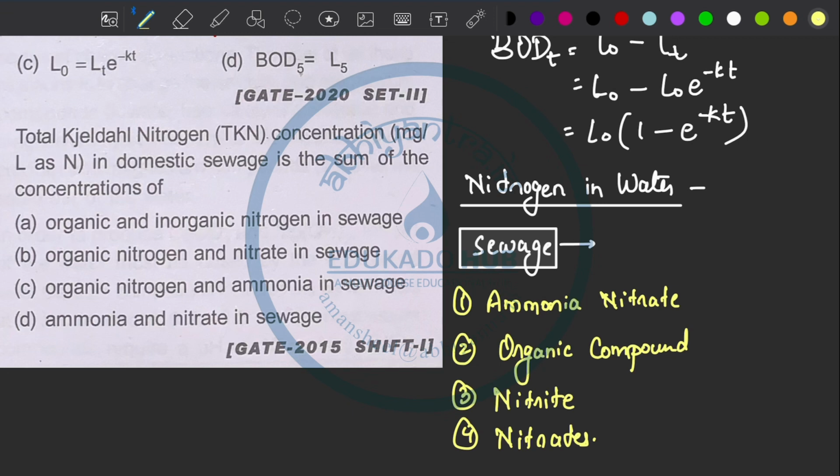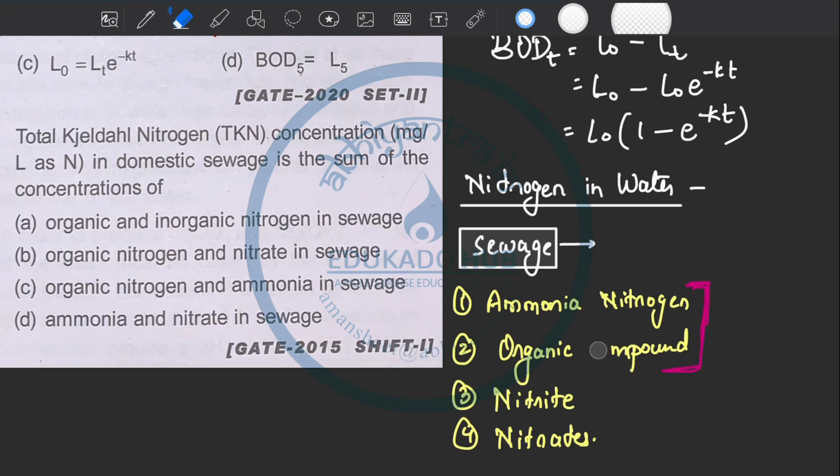For that we should know what is Kjeldahl nitrogen. So Kjeldahl nitrogen, or total Kjeldahl nitrogen, is nothing but free ammonia, that means ammonia nitrogen, and organic compound, we should write it as organic nitrogen.